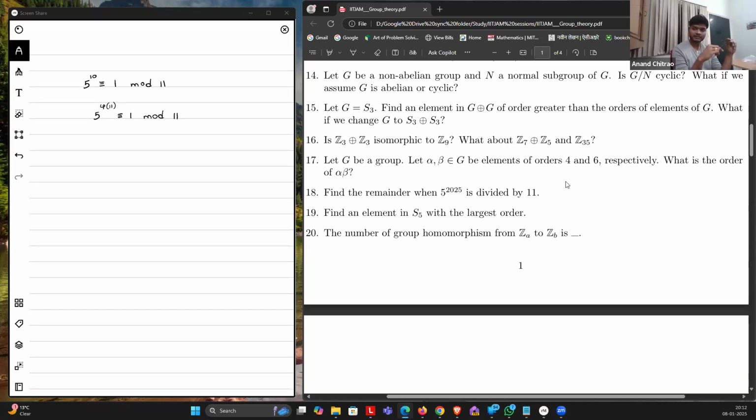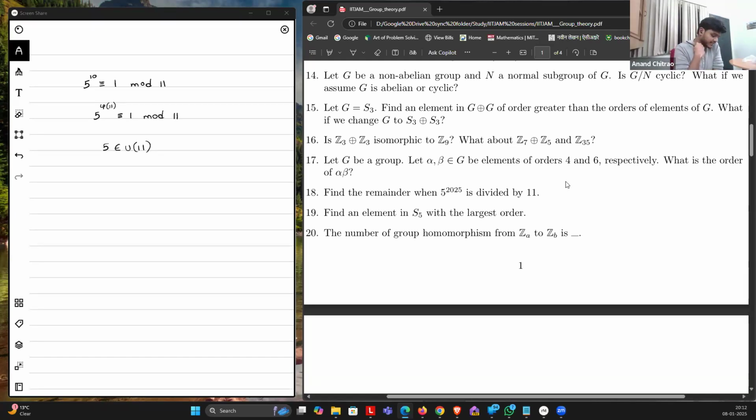Yeah, but this is a way to prove it. This is a slightly more general version of the other theorem. This is basically the fact that the order of an element divides the order of the group, if you look at it that way. 5 is an element inside U11, right?